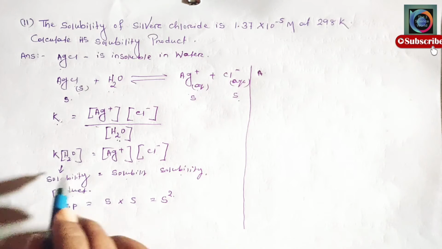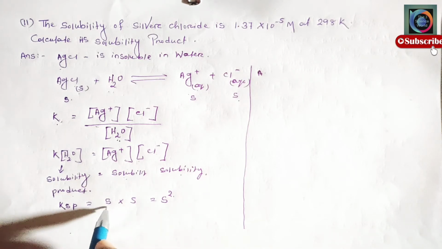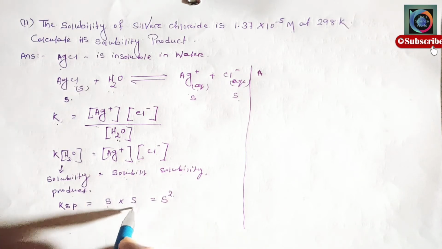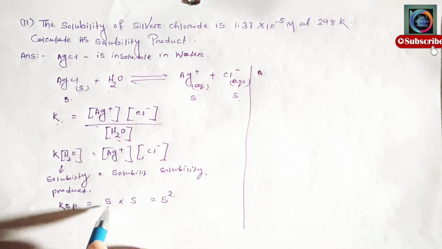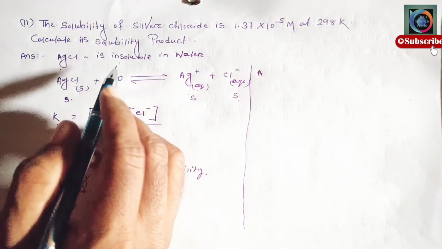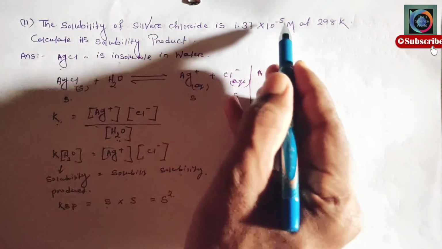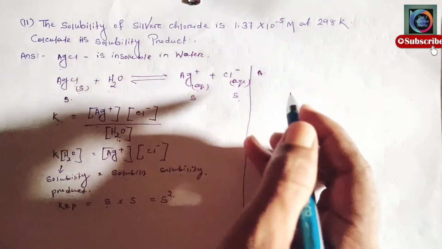Here the solubility product is expressed as Ksp and solubility is expressed as S. So there are two solubilities, so two S are present. If we express Ksp, that is S square. According to this question, the solubility of silver chloride is 1.37 into 10 to the power minus 5 M at 298 Kelvin, that is room temperature.